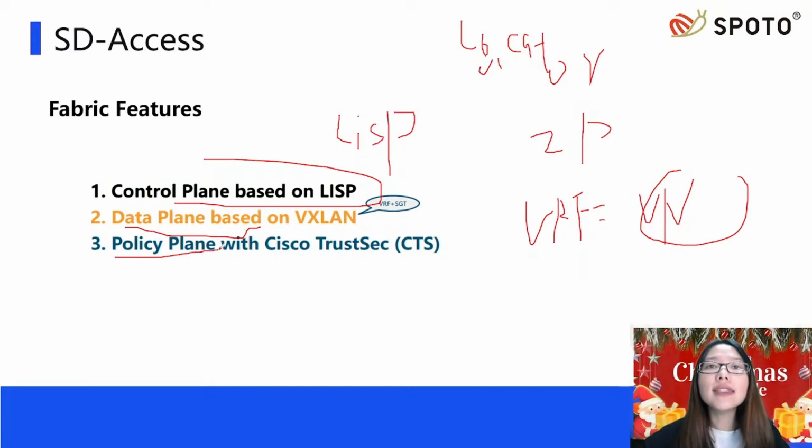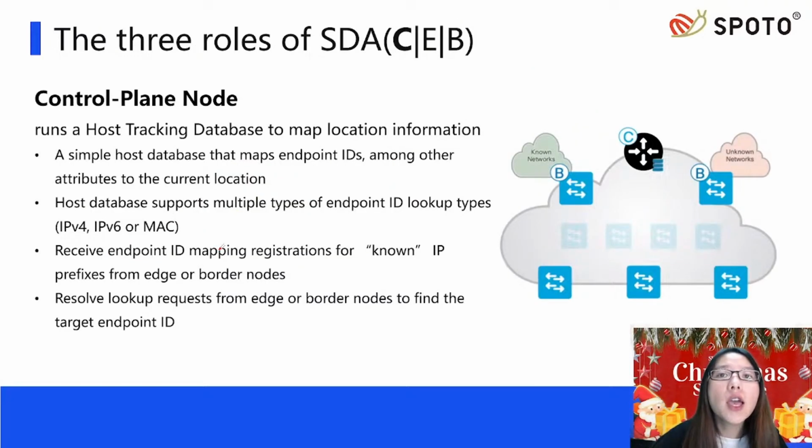Let's see, SDA consists of three major roles at the same time: control plane, edge, and border. So what's the control plane, and what about the edge and the border?